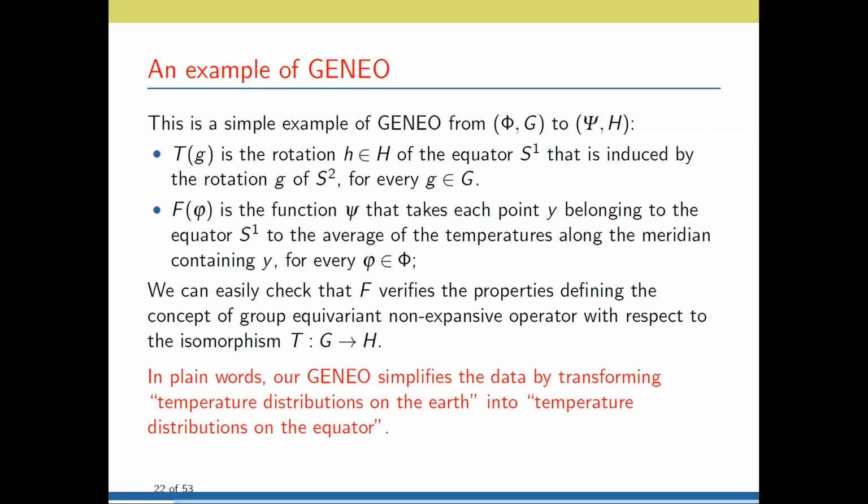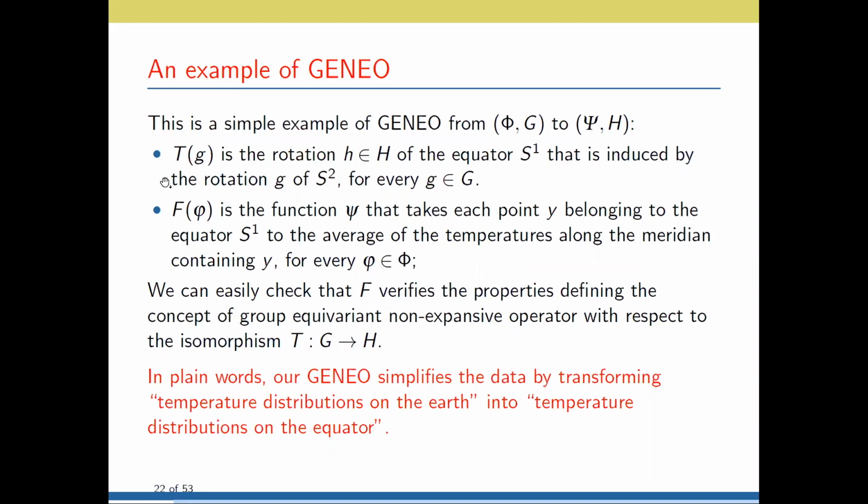What is F? By definition, F takes a distribution of temperatures phi over the Earth to a new function psi that is defined on the equator. Psi takes each point y belonging to the equator to the average of the temperatures along the meridian containing y, for every distribution of temperatures over the Earth.